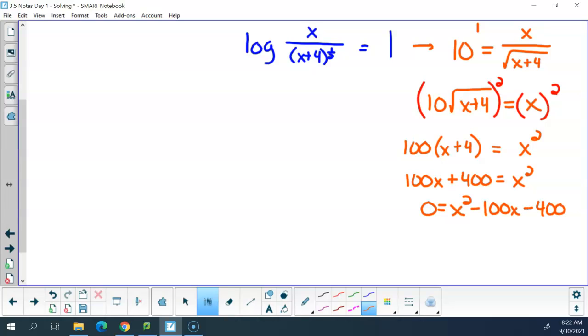I don't think that there are two numbers that multiply together to be 400 or negative 400 and add together to be negative 100. So that leaves us with completing the square or quadratic formula. Or we could graph it. That way too.